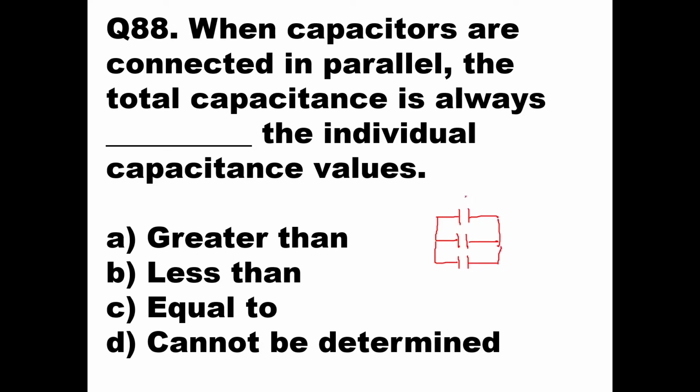Say this is 1 farad, this is 2 farad, and this is 3 farad. So the equivalent total capacitance will be 1 plus 2 plus 3, which is equal to 6 farad. So the total capacitance is always greater than the individual capacitance. So option A will be the right answer over here.